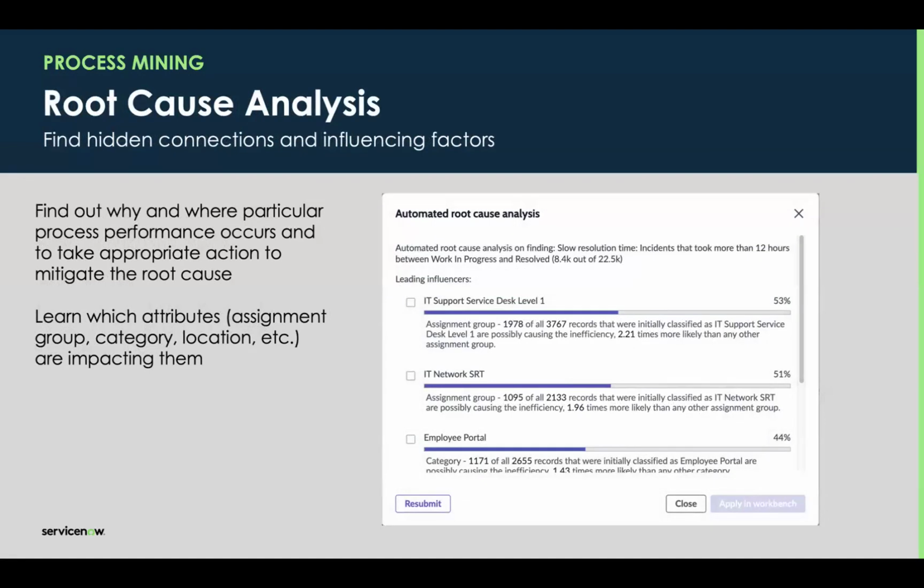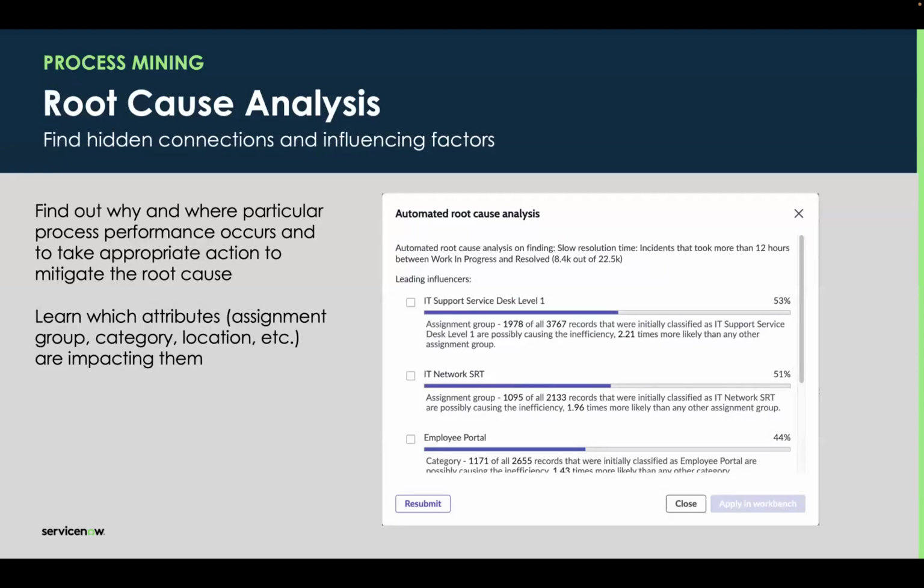Root cause analysis helps us find connections and influencers in the data based on the record attributes like category, channel, or assignment group. And then we can use these different things to help us further filter down the records. The unique thing about root cause analysis is that it allows us to use the data at the creation of the record for analysis.